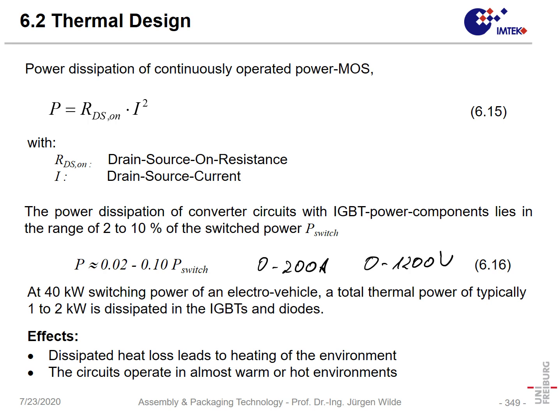Some go even higher in voltage. And here we can expect a high power dissipation. So the switched power is just this multiplication.